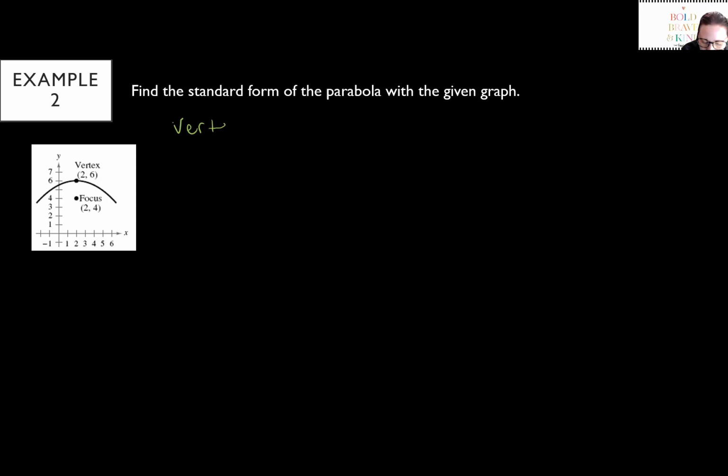So even though these are on the image, I like to write down all of the information that I have and make sure that I don't switch signs. So our vertex is h comma k. So I can label that.